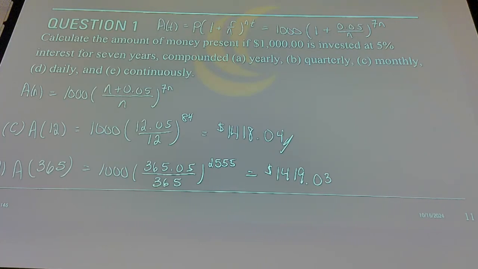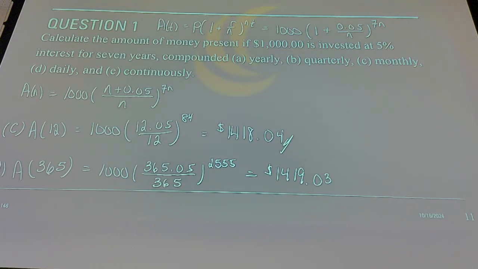So, how much more interest did you earn by compounding daily? No, from the previous one. Yeah, monthly. Not even a buck. Just shy of a buck. It was 99 cents, depending on how the previous one is rounded.